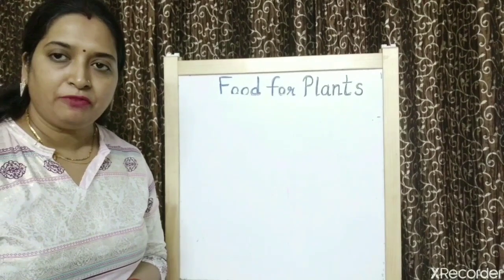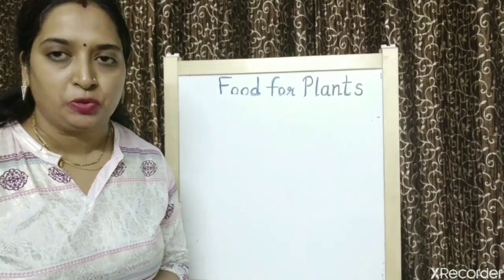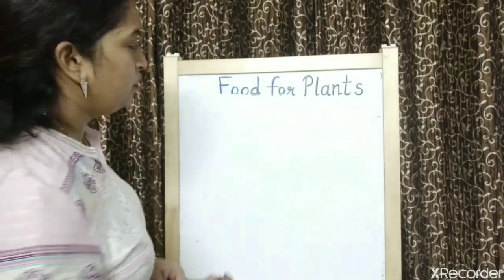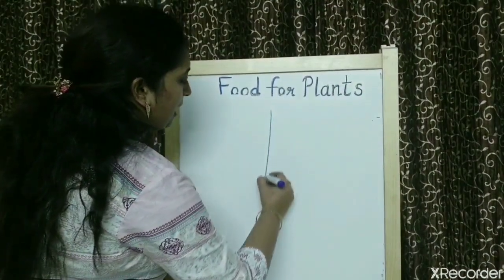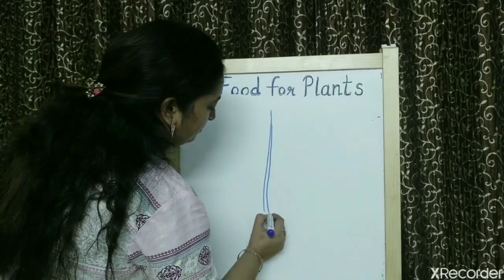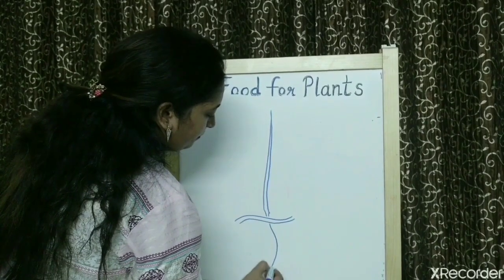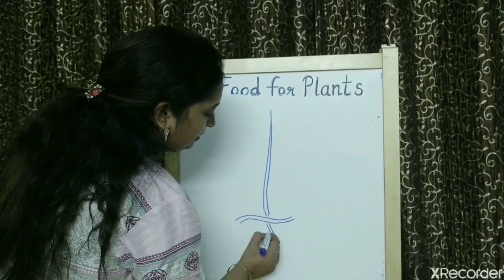Let's see the diagram for photosynthesis. You also have to practice this diagram at your home, children. Right? So, first draw a plant like this. What is this?